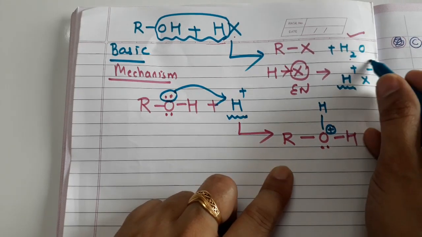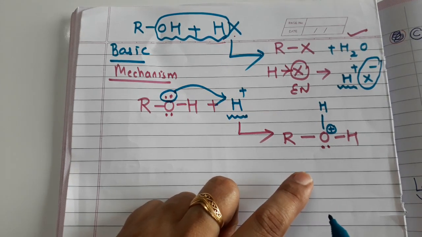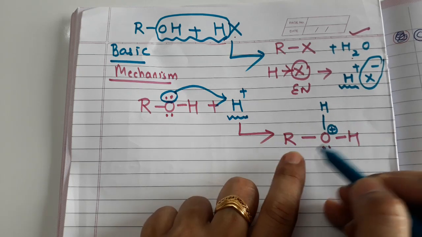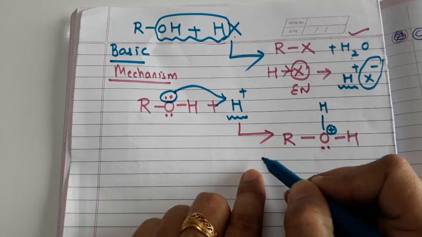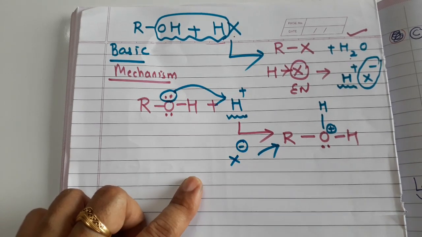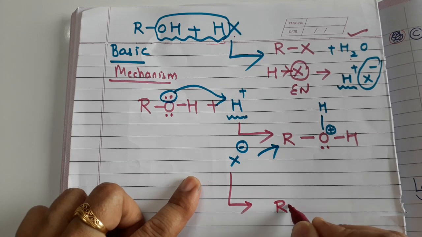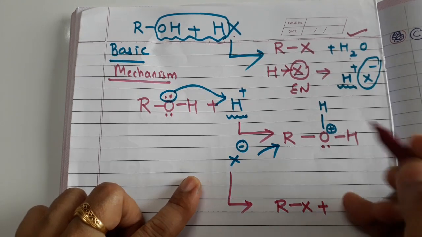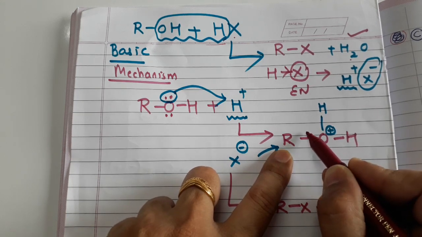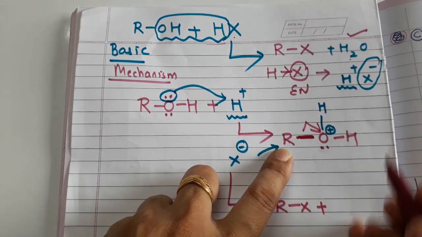Now what is going to happen? X minus will come and attack from the back side, and we are going to get the final product RX. When X minus makes a bond with R, the electrons in the C–O bond shift towards oxygen.